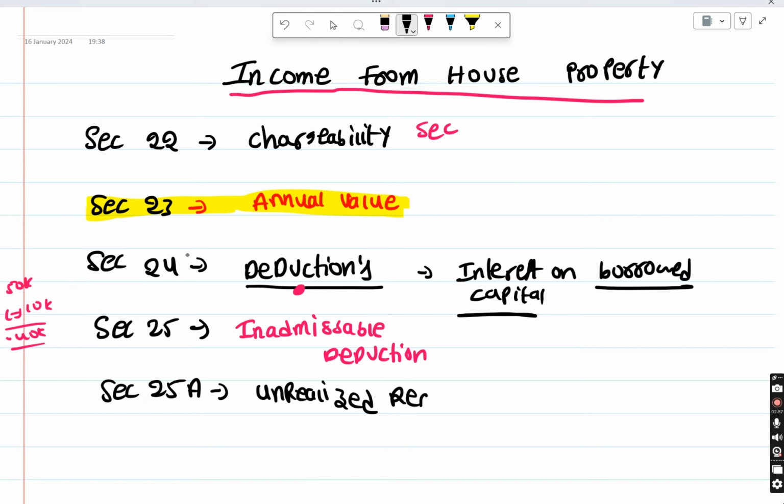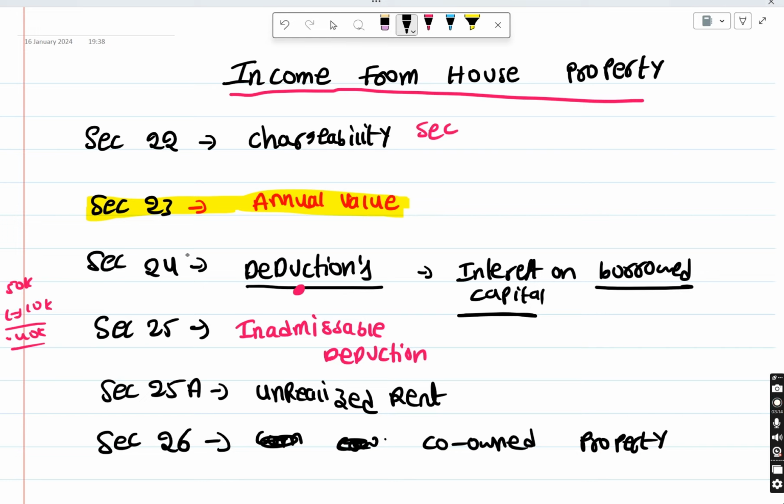I will explain all these things, don't worry. This is just an overview of the chapter, what all the things we're going to discuss. Section 26, we're going to discuss co-owned property. And then finally section 27 is deemed ownership.